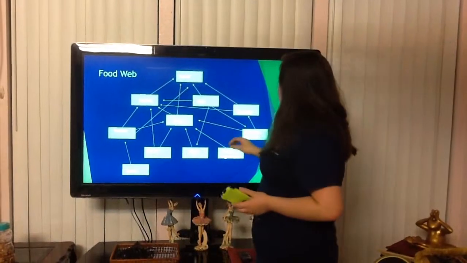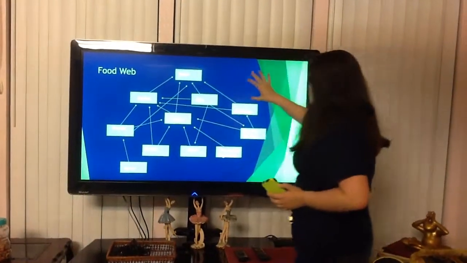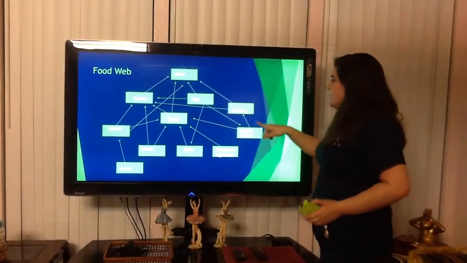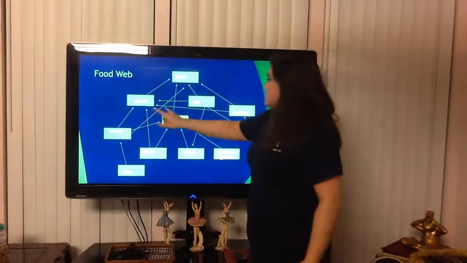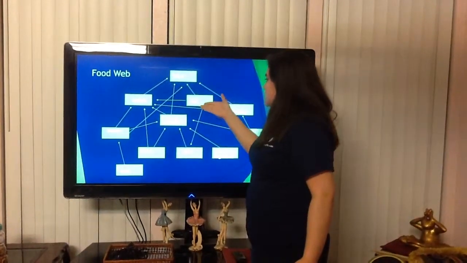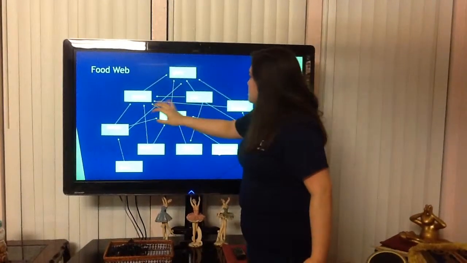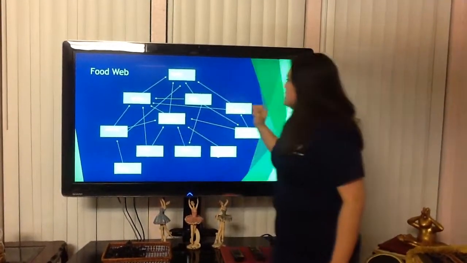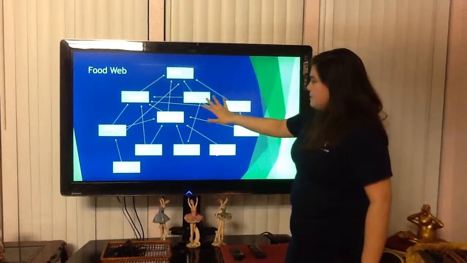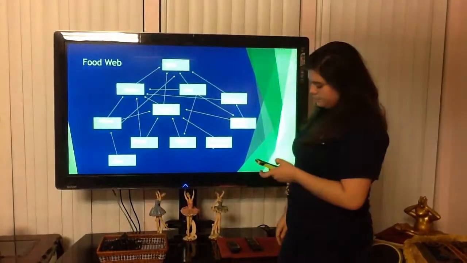The bullfrog also eats aquatic larvae, and the bullfrog is then fed to the snake as well, including the fish also fed to the snakes. And the hawk feeds on snakes, insects, bullfrog, fish, and toads as well.